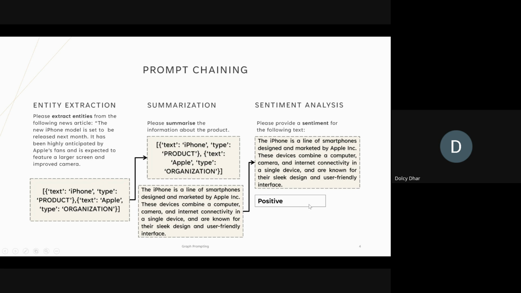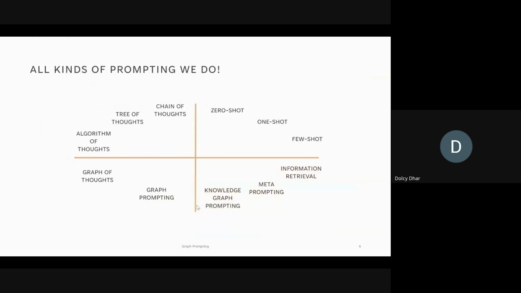Thought, in this context, is the flow of logic. And chaining is basically putting it one after the other. So that's how reasoning based prompting works. Chain of thoughts is what we saw as an example.